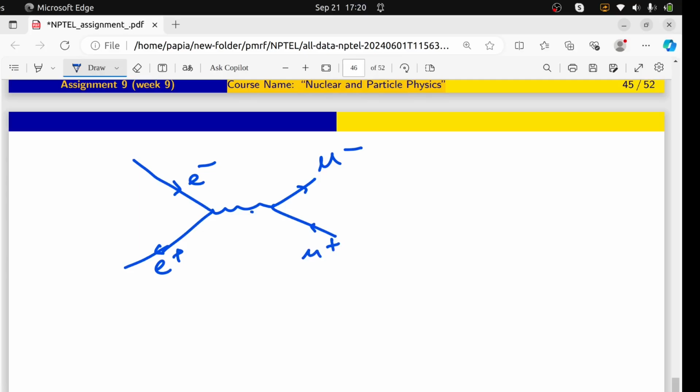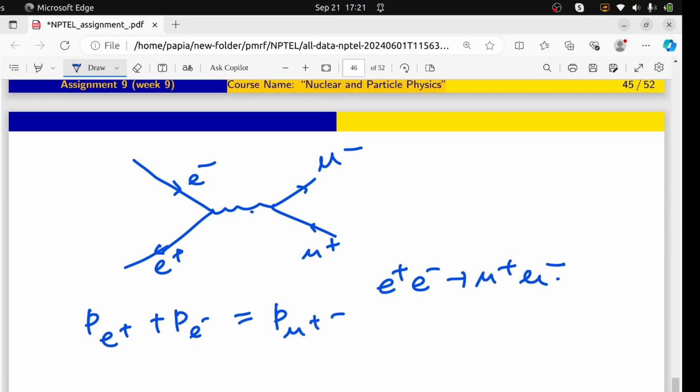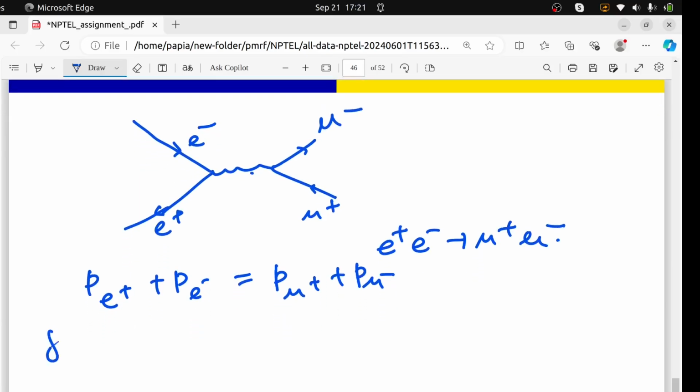So for energy momentum conservation, if I write e plus e minus going to mu plus mu minus, it should be like P e plus plus P e minus is equal to P mu plus plus P mu minus, right? Otherwise the energy momentum will not be conserved. The initial total momentum and the final total momentum should be the same. So the delta function will tell us that the energy momentum is conserved.